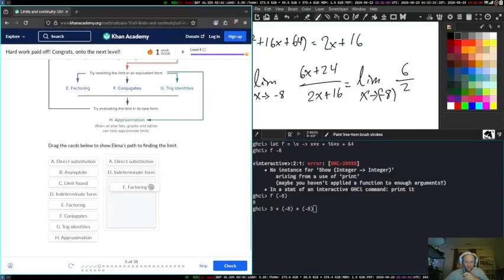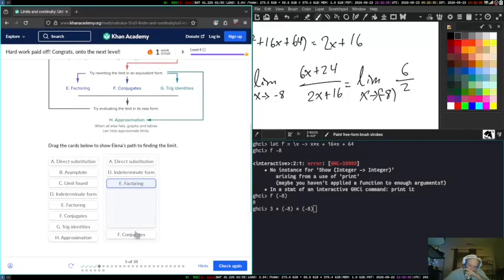I'm just going to guess factoring. And then I'm just going to guess conjugates. I don't know what conjugates are. I mean, I know what a conjugate is in general. I'm going to get this wrong.